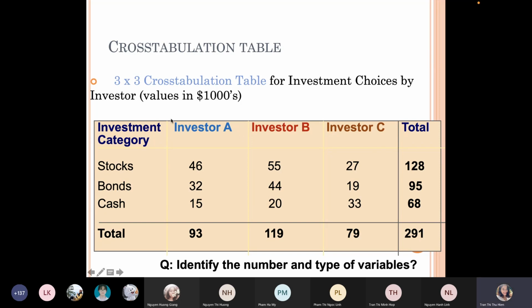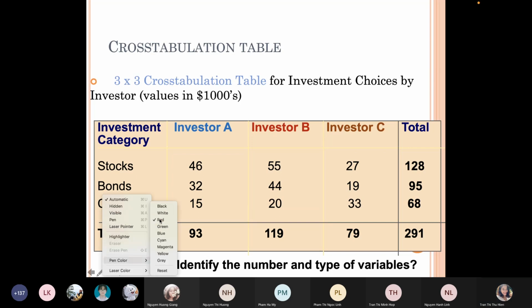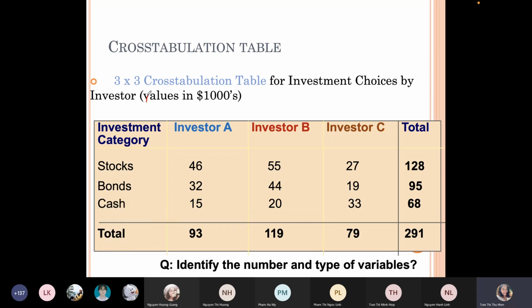Now when you look at the first column, is this the investment category: stock, bonds, or cash? So it is one variable. And what kind of variable, quantitative or qualitative? Qualitative. Yeah, the first column is the investment category, and it is qualitative.